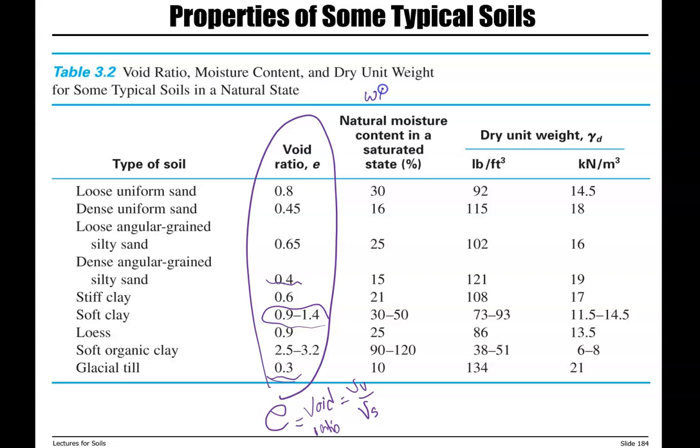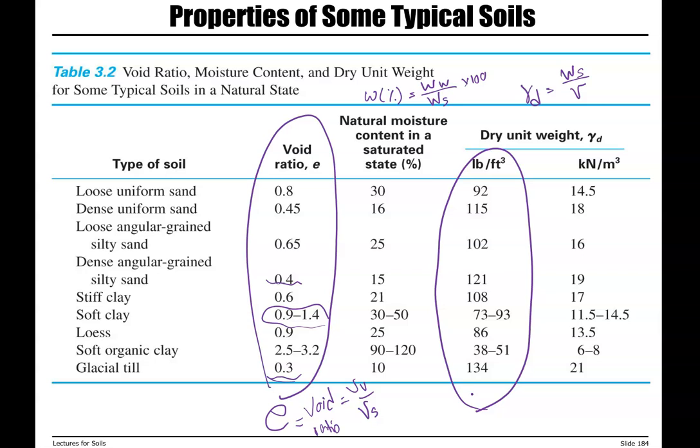Moisture content, weight of water divided by weight of solids. Dry unit weight, gamma D, which is weight of solids divided by total volume.